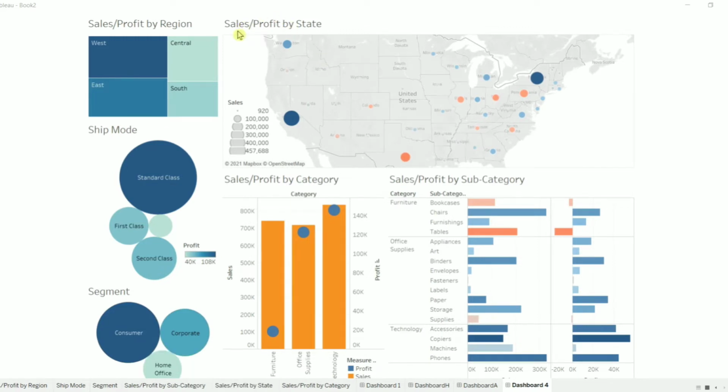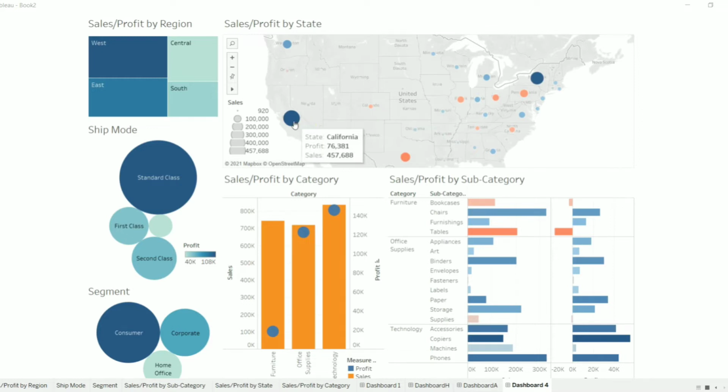Now let's come to this map, which shows sales and profit by state. The same logic applies here: the size of the circle represents the amount of sales and color represents profit or loss. The circle with blue color represents profit and the circle with red color represents loss.